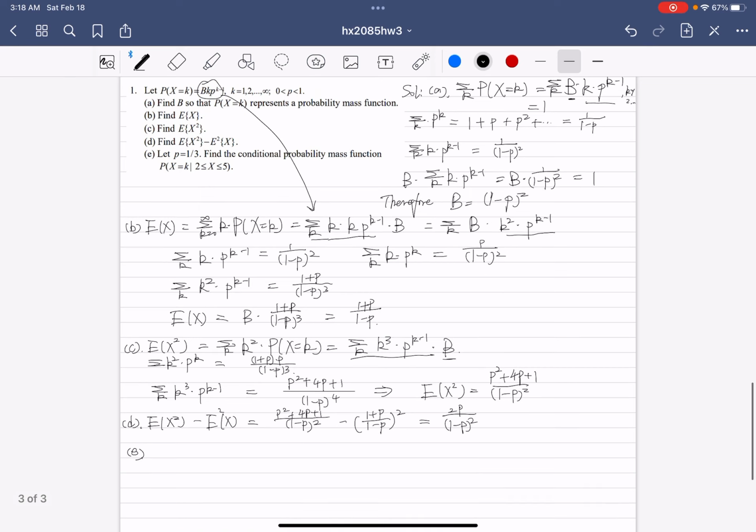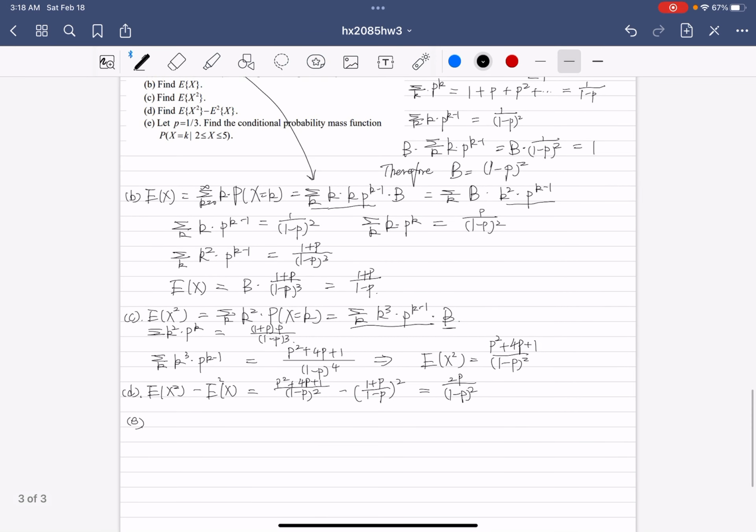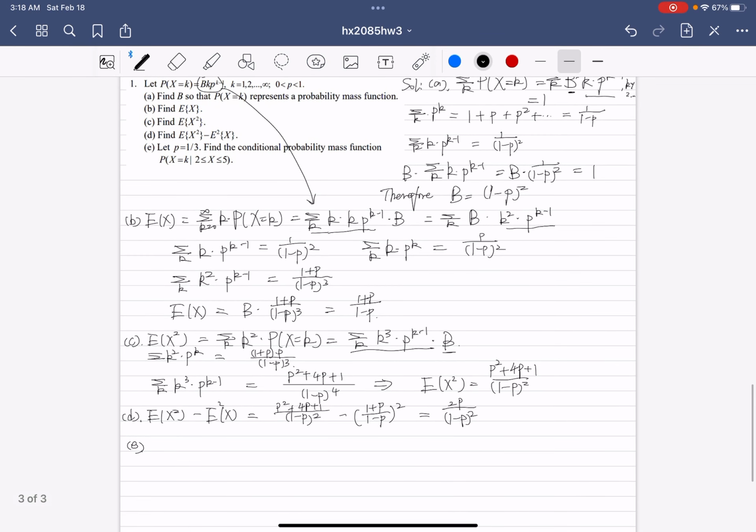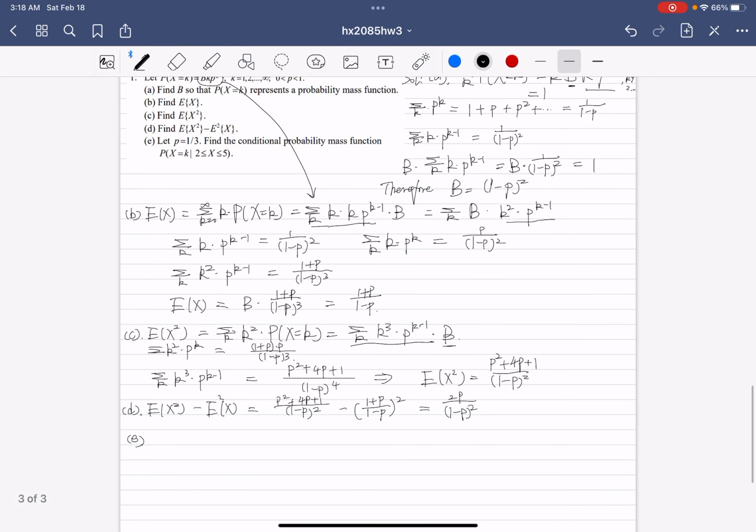Let's see the last part. We let p equal 1 over 3, then find the conditional probability mass function.